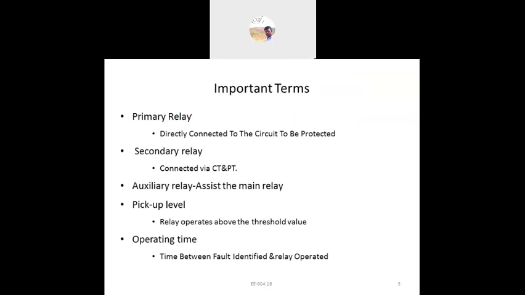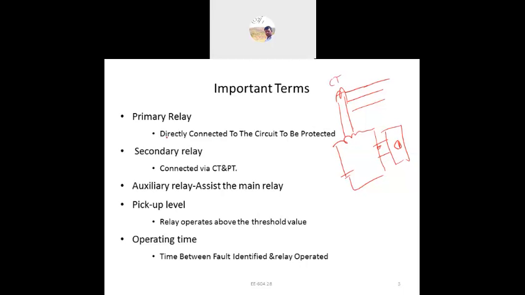The primary relay is directly connected to the protected system. If the main bus bar is there, the relay is connected to it, with another connection to the CB. From the CT and PT the relay signal will come.